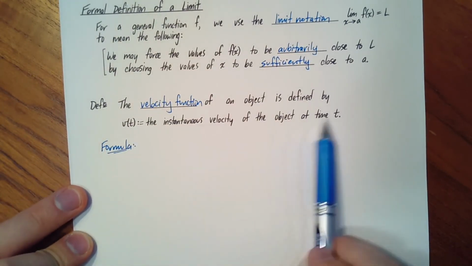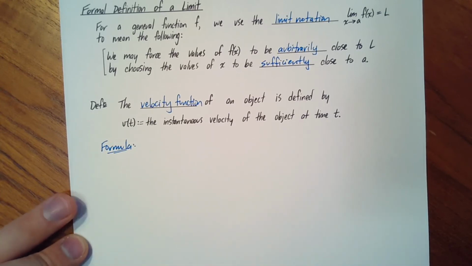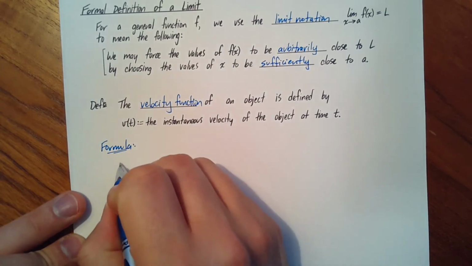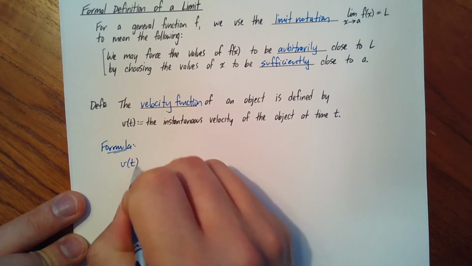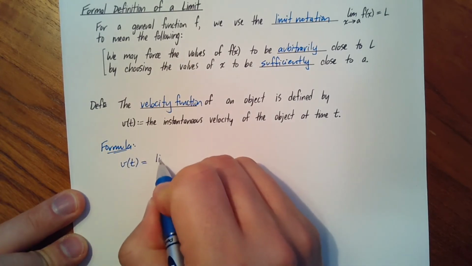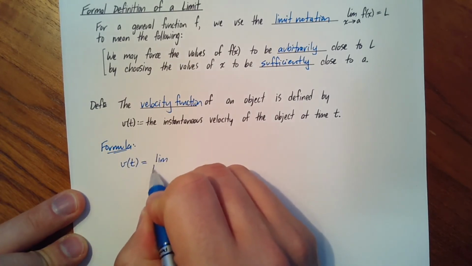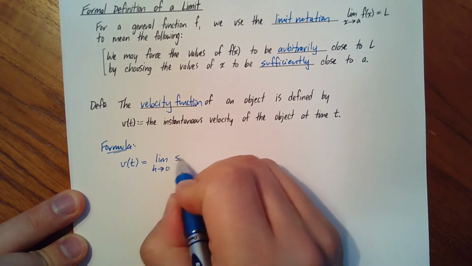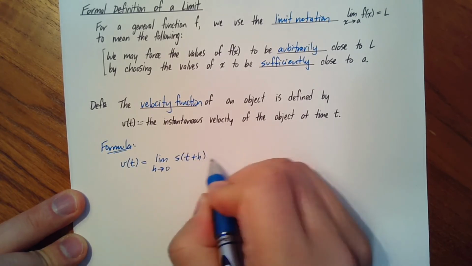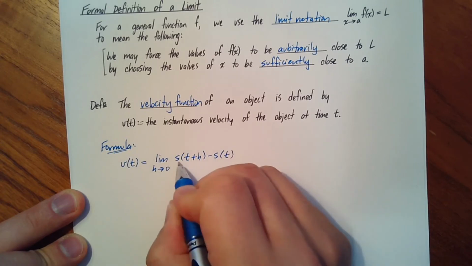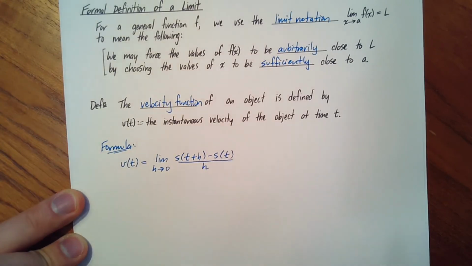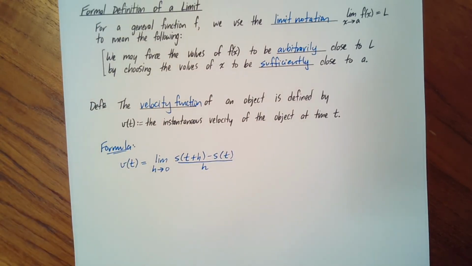This definition is really just telling you what the velocity function gives you. But if you prefer to work in terms of a formula to compute it, you can use this. So v of t is just the limit as h goes to 0 of s of t plus h minus s of t, all divided by h. So that is the velocity function.